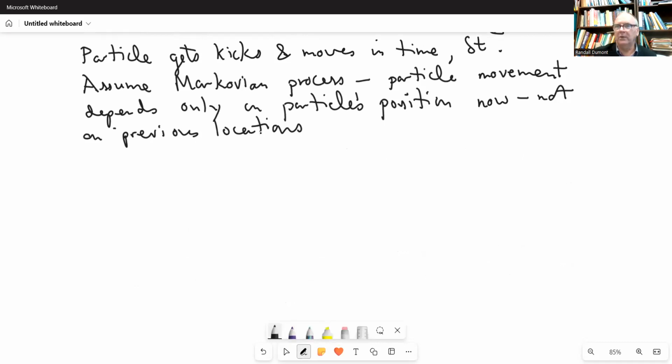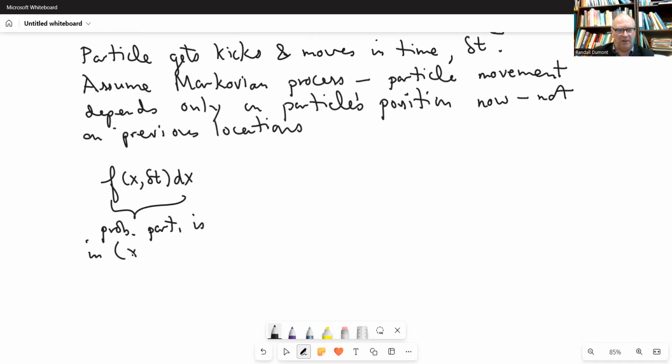So this will be the particle position at time delta t. The distribution, actually, if we take that and multiply by dx, this is the probability the particle is in x to x plus dx at time delta t.